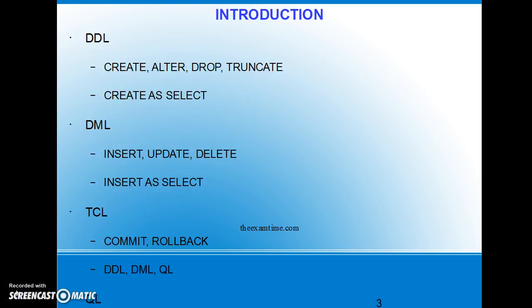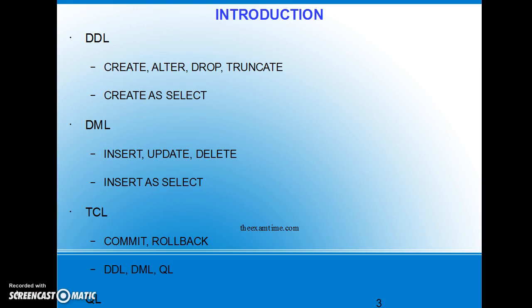DDL stands for data definition language. Create, alter, drop, truncate, create as select come under DDL. DML, data manipulation language. Insert, update, delete, insert as select come under DML. Query language, which is the select statement, comes under query language. Commit and rollback come under transaction control language.